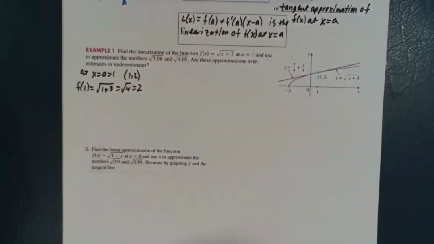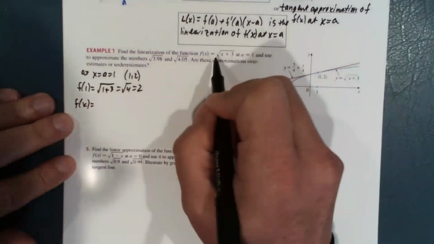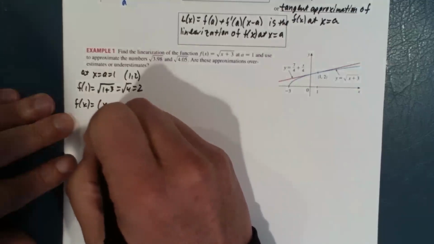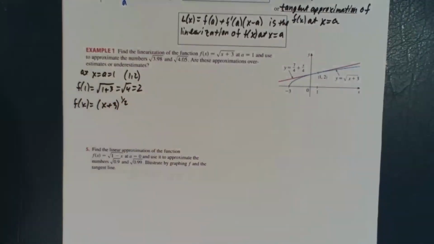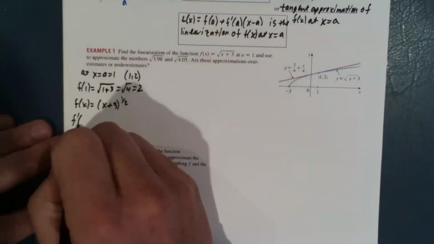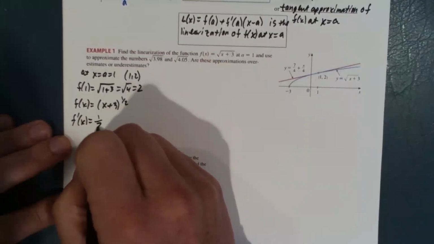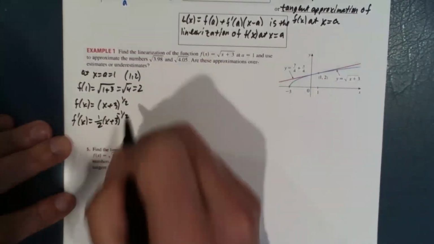And so we're going to have to take the derivative of this. f of x equals x plus 3, to the 1/2, which is from the square root. So f prime of x is going to be 1/2 times x plus 3 raised to the negative 1/2 power.